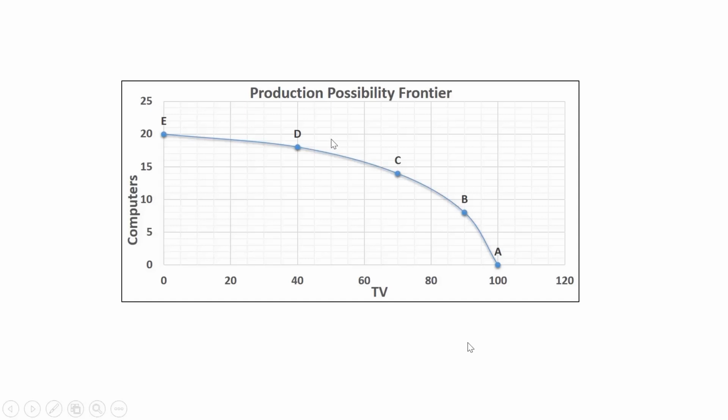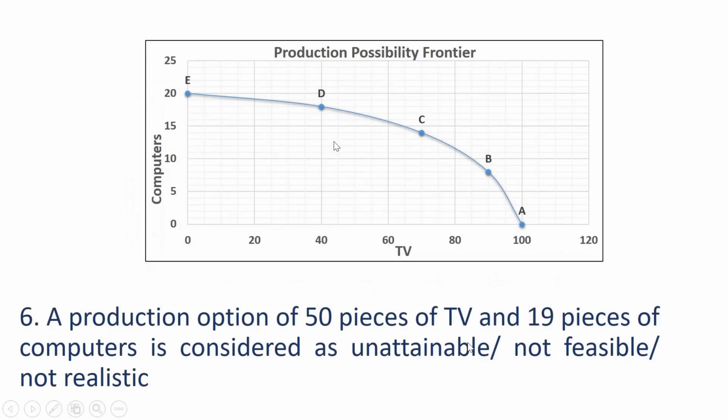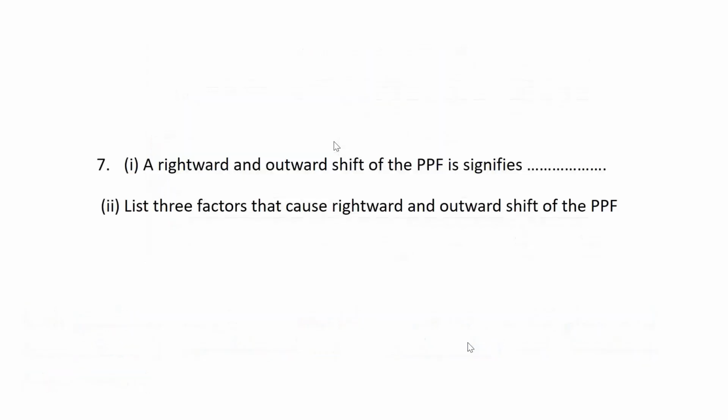Clearly this point is beyond the PPF. That means that we cannot produce this point with the given resource and technology. So this option is unattainable, it is not realistic, it is not feasible. So a production option of 50 pieces of TV and 19 pieces of computers is considered as unattainable, not feasible, and not realistic.